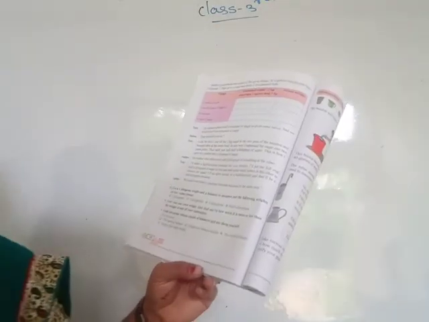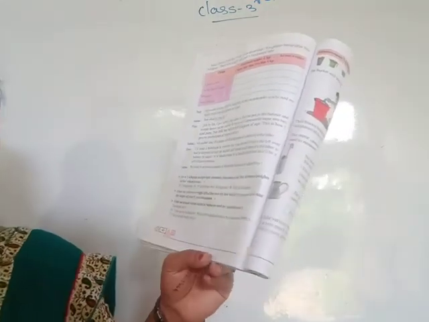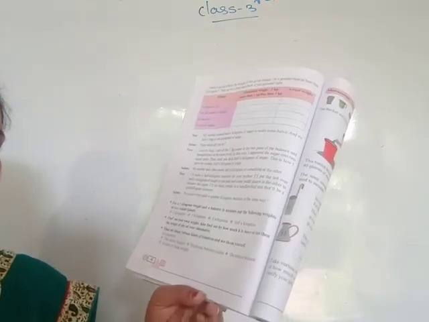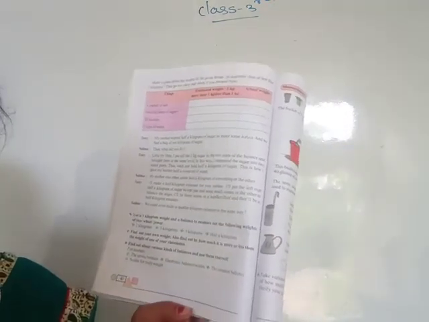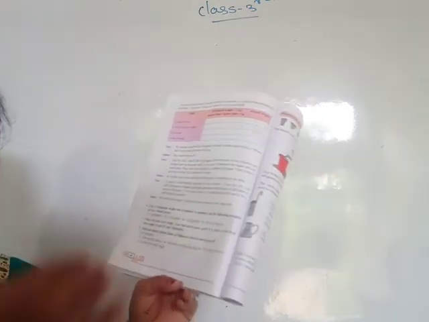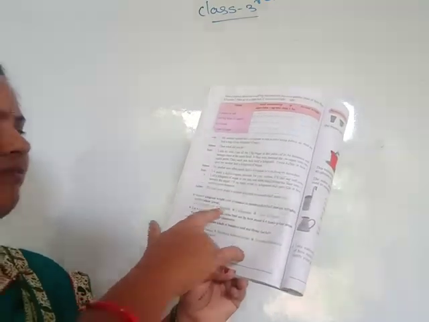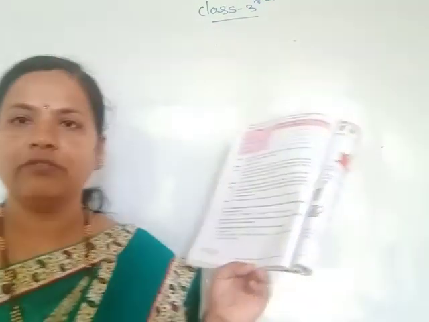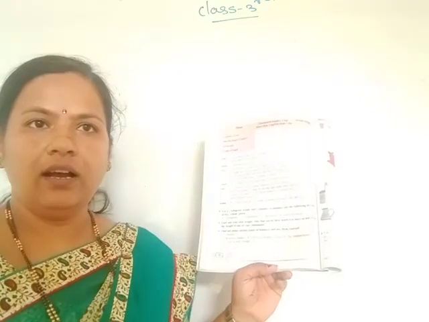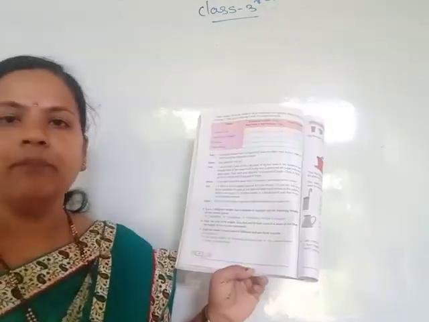Then see here one question is given. Use a 1 kilogram weight and a balance to measure the following weights of rice, wheat, jowar. You do this activity at home. In the balance, for 2 kilograms of wheat, you take 1 kilogram on one side and 1 kilogram on the other side. Then suppose 5 kilograms of jowar, you take 2.5 kg and here you take 2.5 kg.